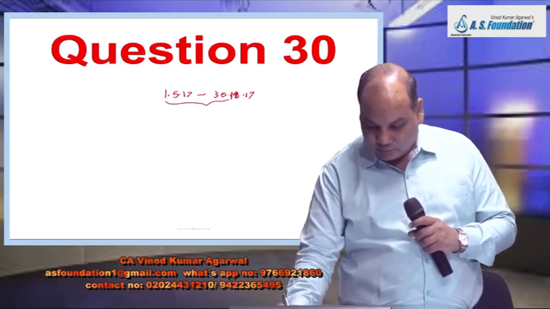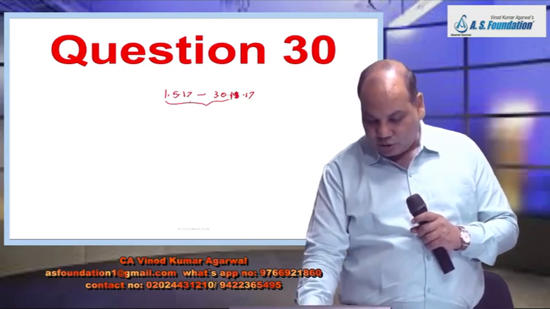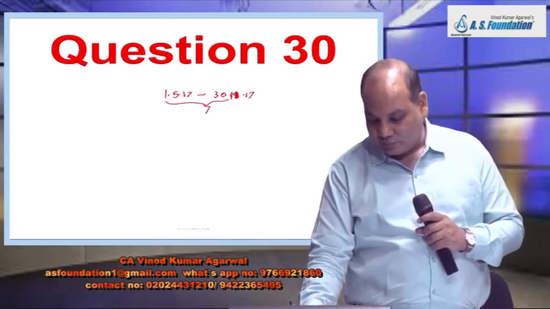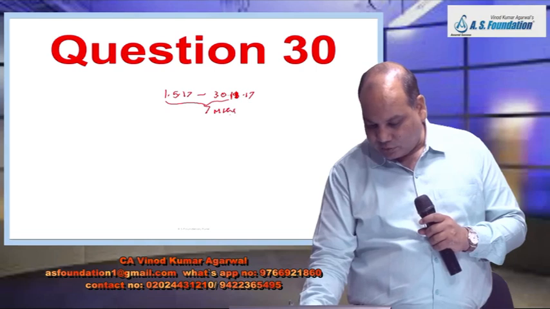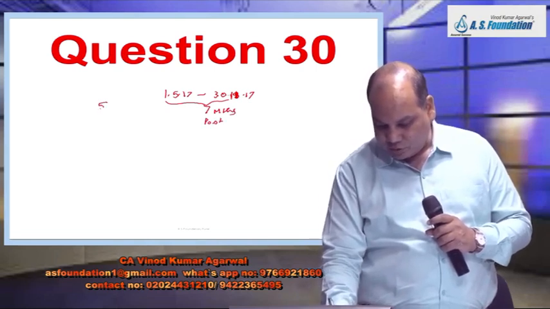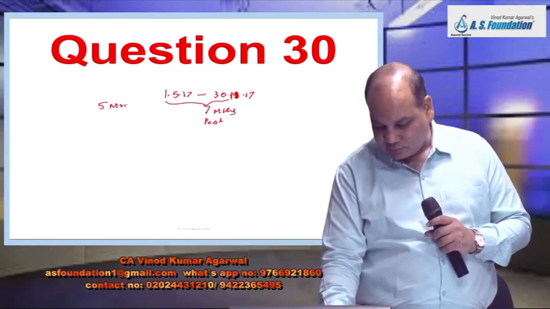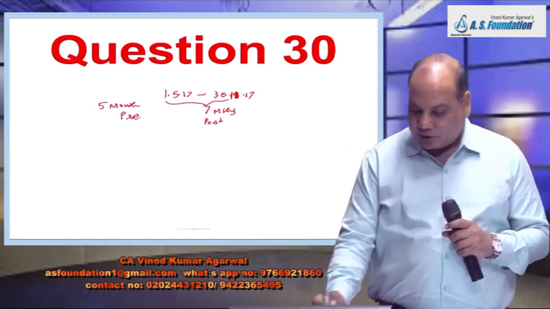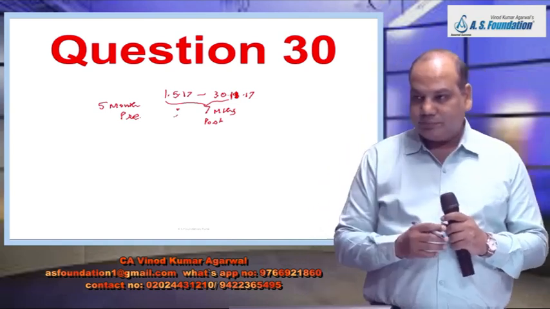May, June, July, August, September, October, November. 7 months. So 7 months post, which means 5 months will be pre. 5:7 current year profit will apportion.